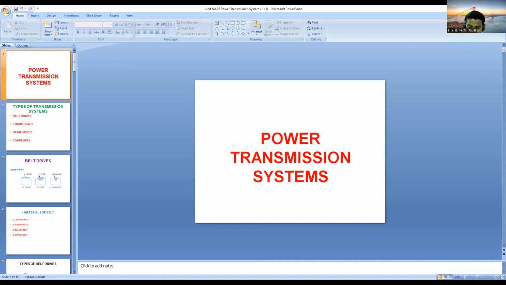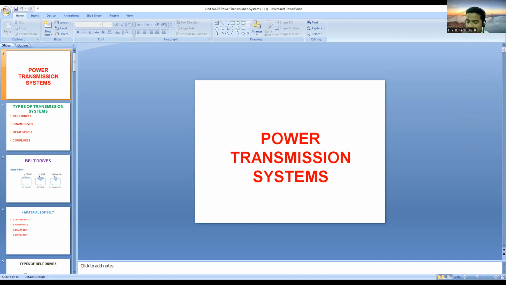On that basis, we should select the types of belts or the materials of the belt. So the material selection is based on climate condition, that is temperature, etc. Out of these four, we can select these belts depending on the application. Mostly you can find such belts in the factories or workshops, depending on what machines or machine setup is there.